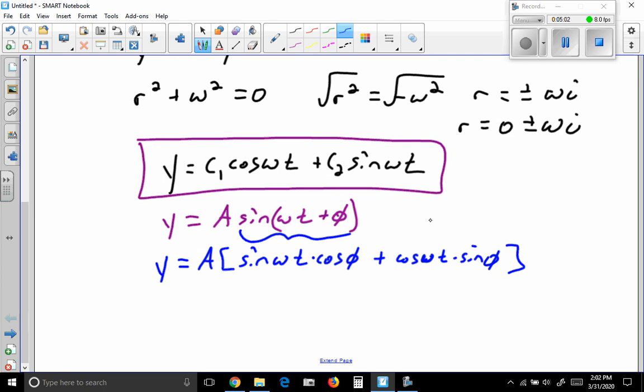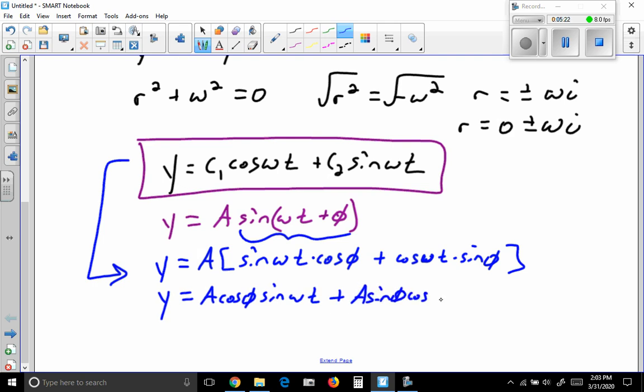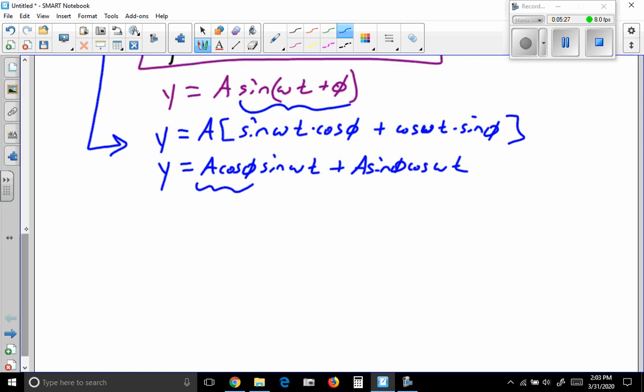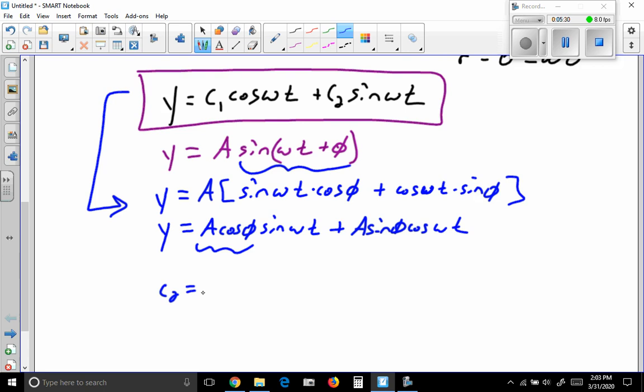So if we compare these two, if we distribute A, we get y equals A cosine phi sine omega t plus A sine phi cosine omega t. So that is C2 is A cosine phi, and C1 is A sine phi.